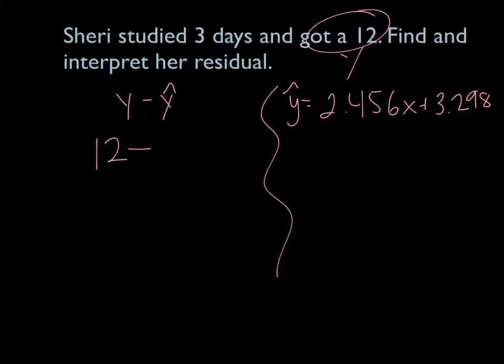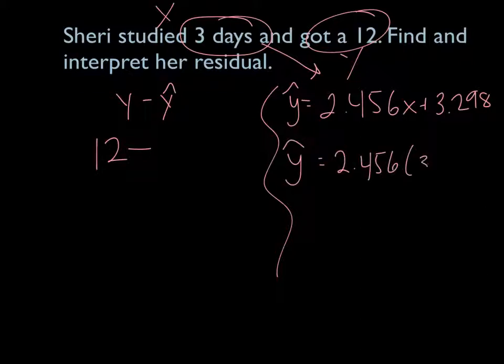So to get her predicted score, what we would predict her score to be, it's based off of the 3 days that she studied. That's the x value. So we'd plug that in and work it out.